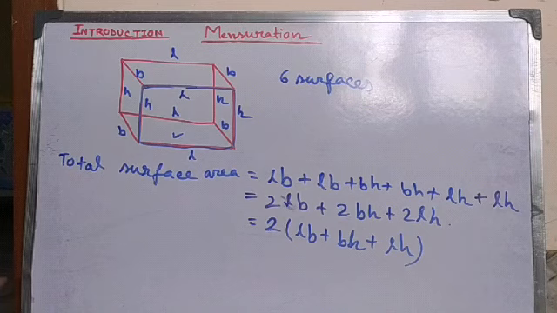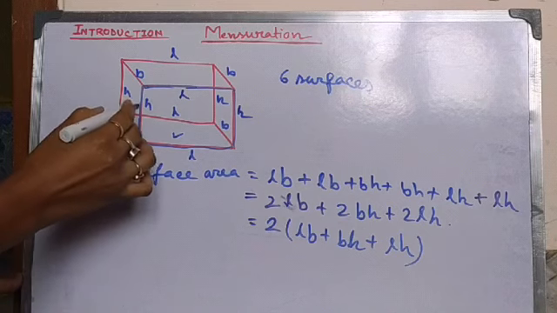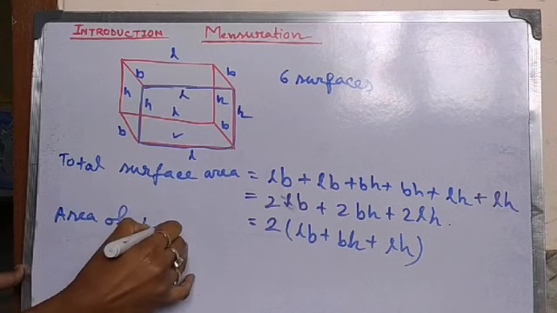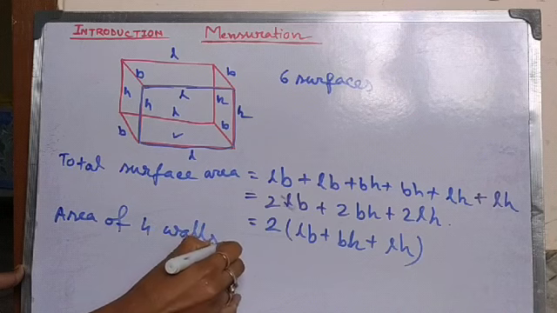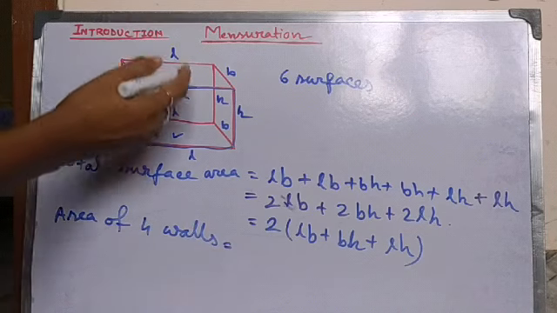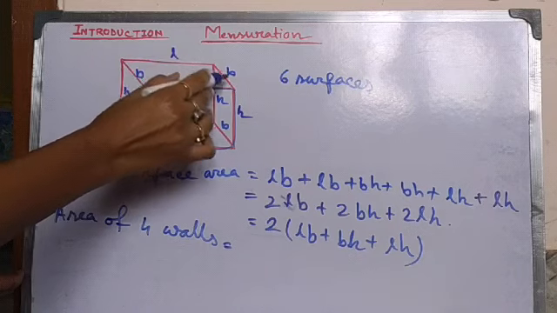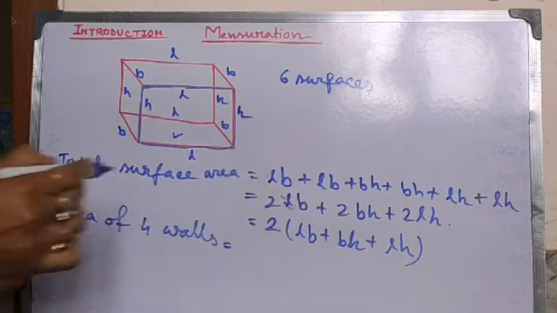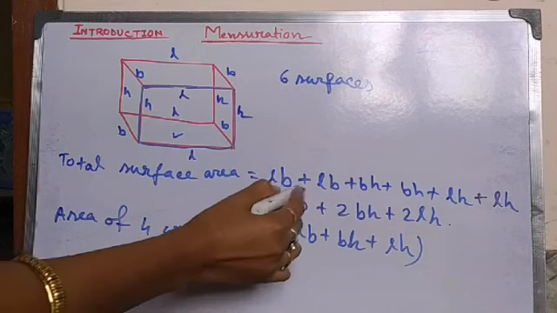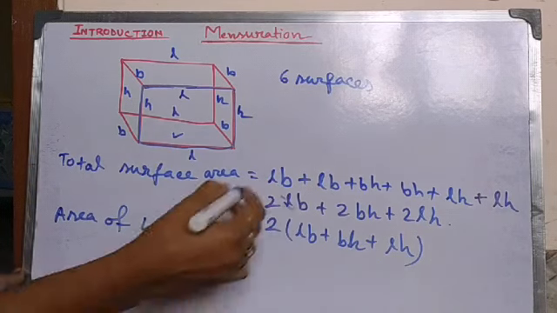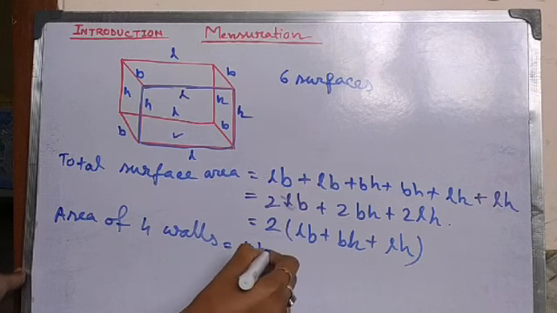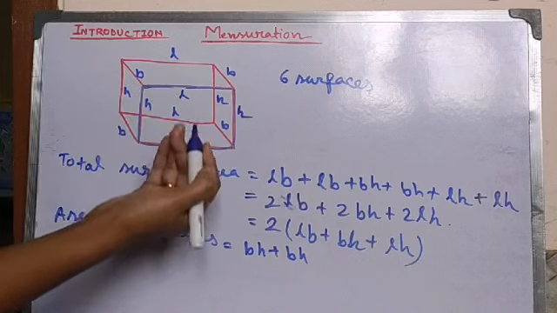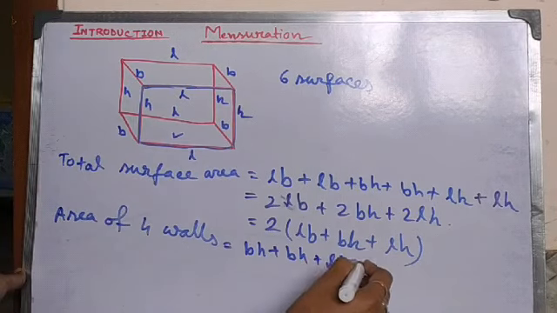Now I will show you the area of the 4 walls, that means without ceiling and floor. Ceiling is LB, floor is also LB, so this LB portion is removed from the total surface area. So BH plus BH, that means these 2 walls, and the back wall and front wall, LH plus LH.